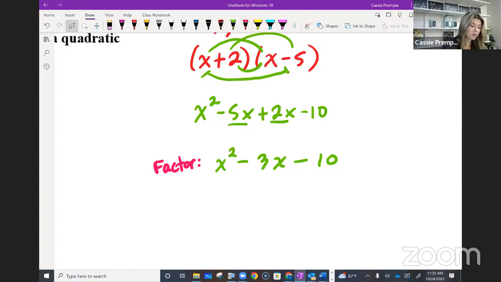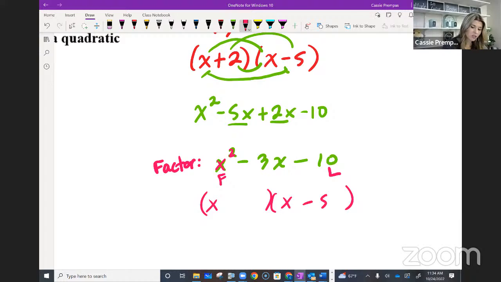So if you think about the FOIL process, this piece came from the first term times the first term. So if I'm going backwards, x times x gave us x squared. And you're going to need to know how to undo the last term. We're going to have to see what times what would give me negative 10.